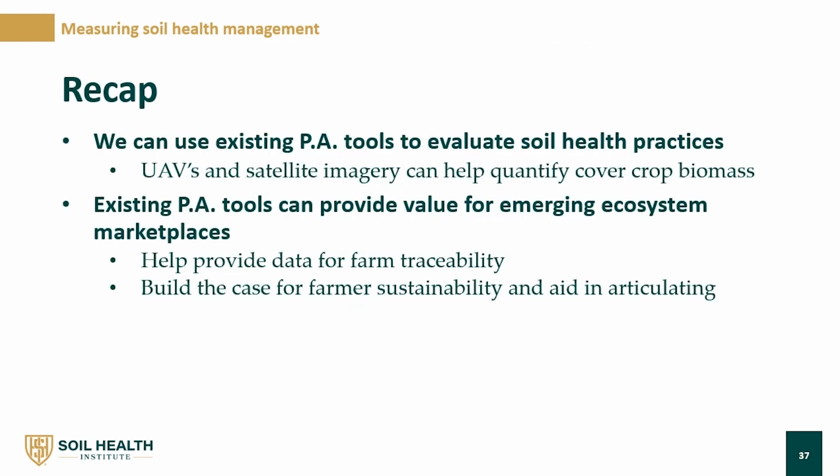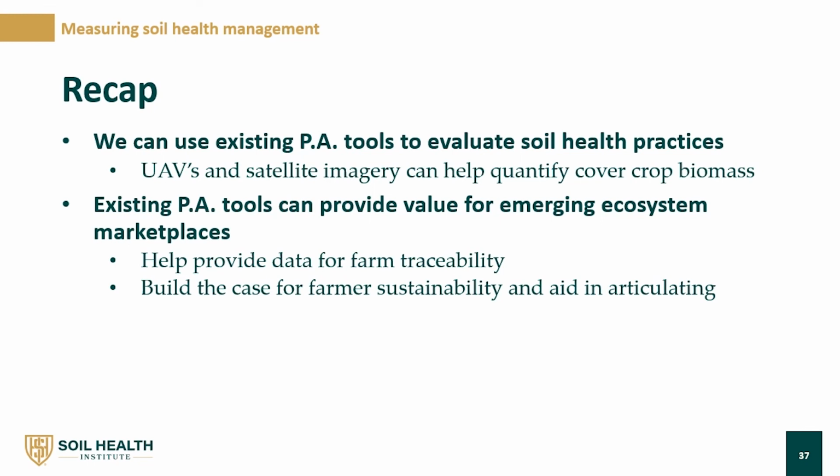So just to really briefly recap, we can use a lot of our existing precision agricultural tools to evaluate soil health practices. So we used the example of UAVs and satellite imagery to quantify cover crops, but there's tons of other ways we can use existing precision ag data to verify or build out a case for what the soil health practices might be.